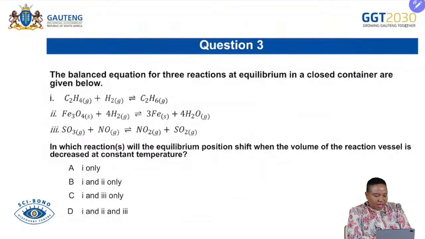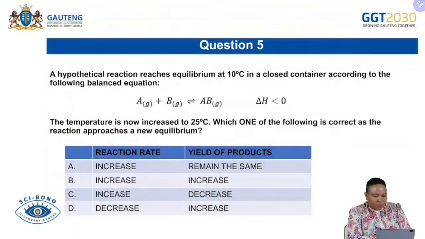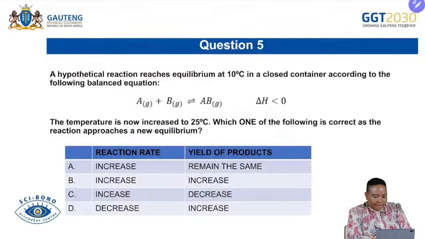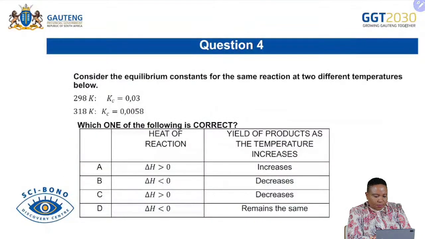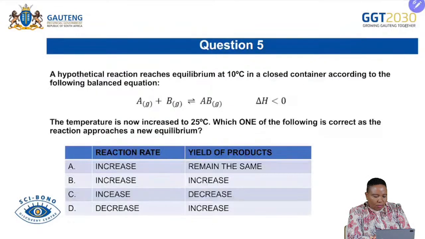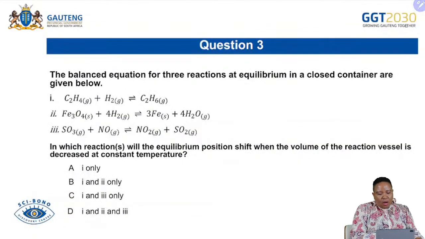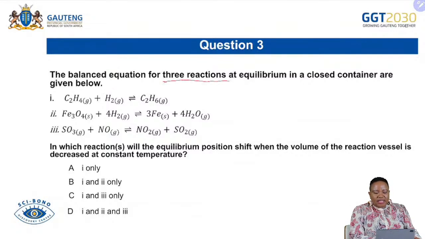And then this one, let me just go back to this one. Okay, this one was also talking about, now here they are saying the balanced equation of three reactions in equilibrium was given.